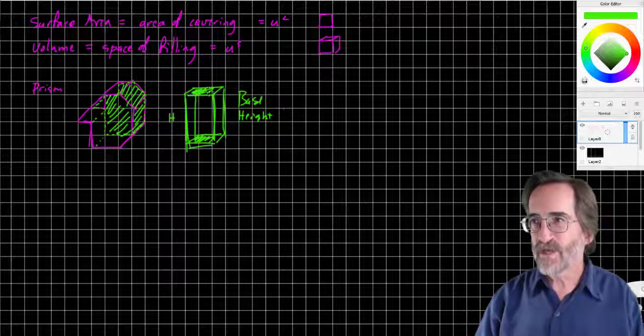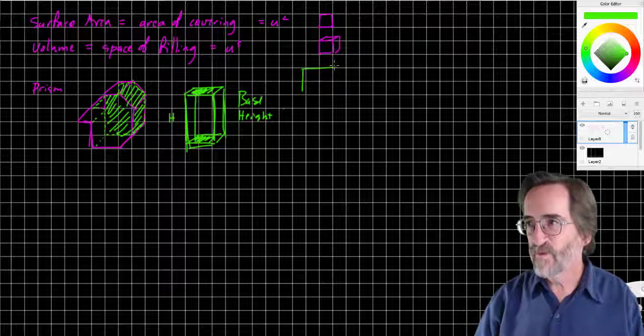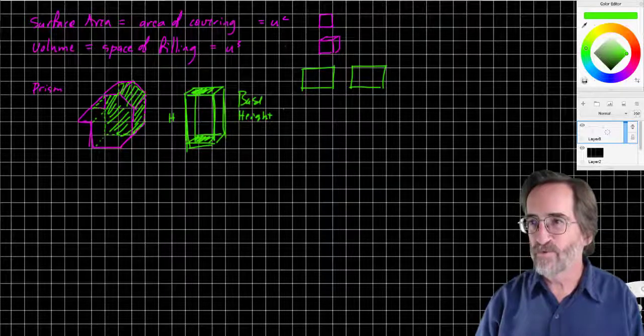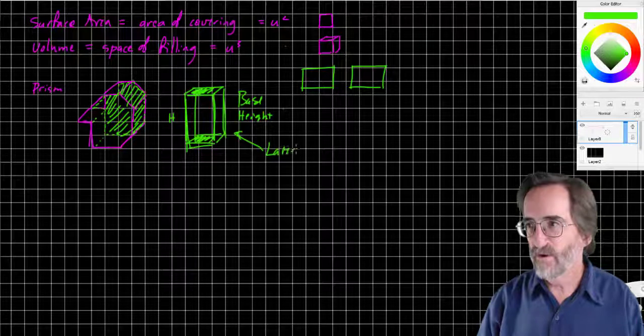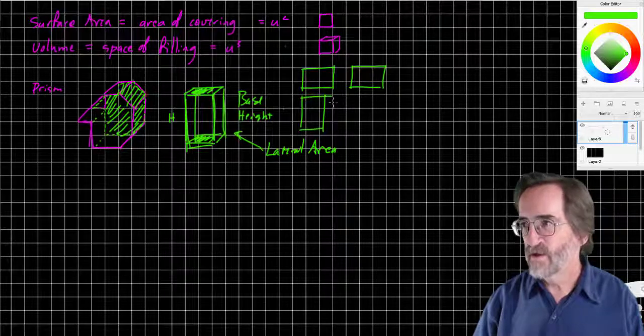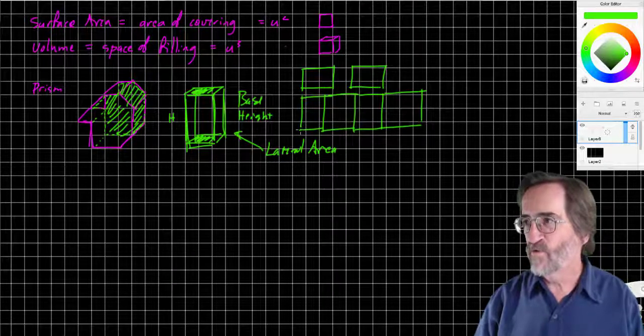Let's take the top and the bottom, which are two rectangles, the bases, and let's take the lateral area, or the side area. The lateral area can be thought of as a series of rectangles connected, in this case, to form one large rectangle.